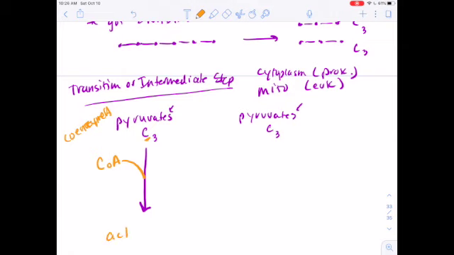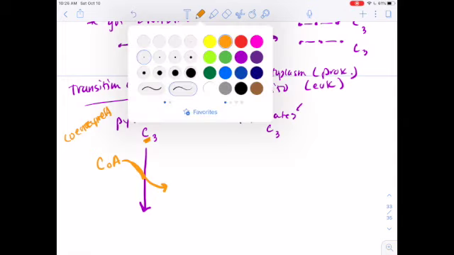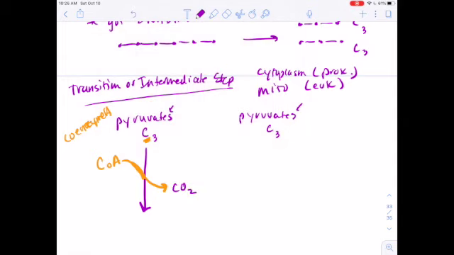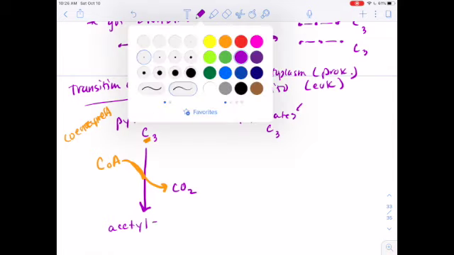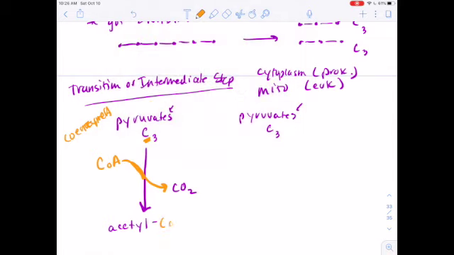No, I'm going to write it a little bit differently. Coenzyme A binds to the pyruvate, and as it does so, it boots out one of the carbons as a CO2 molecule. And it becomes what's called an acetyl CoA. I'm going to color code. Yeah, CoA, not College of the Atlantic.